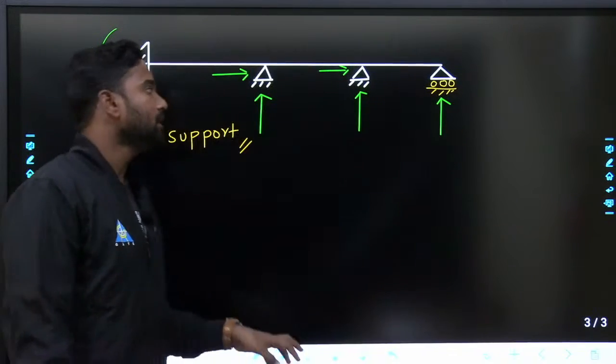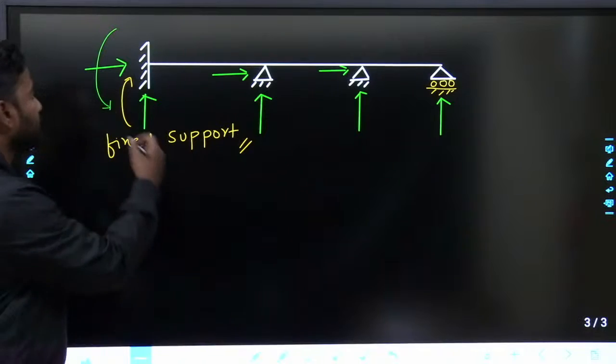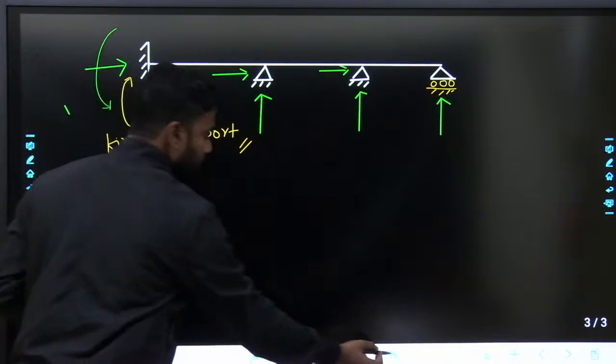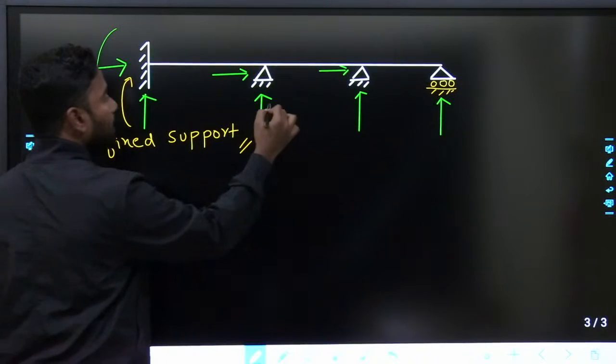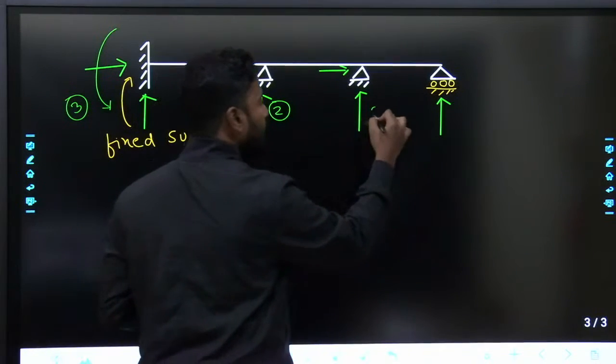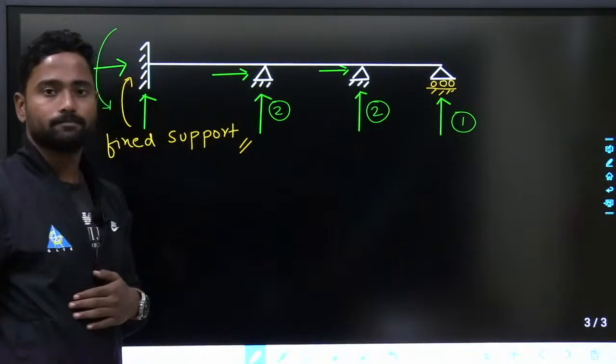So generally, the number of reactions at fixed support is 3, at hinge support it is 2, at another hinge support it is 2, at roller support it is 1. Fine.